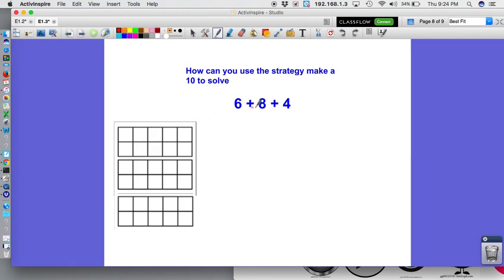To add 6 plus 8 plus 4 and make a 10, what you can do is I'm first going to draw my 6. Then I'm going to draw 8. And then I'm going to draw 4.